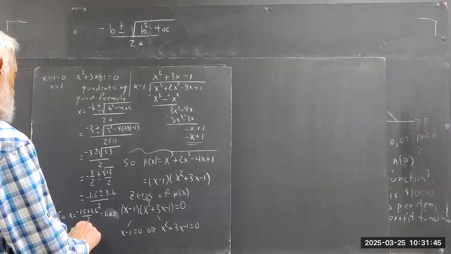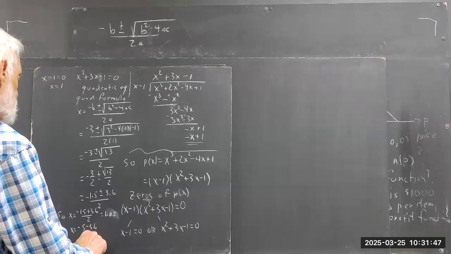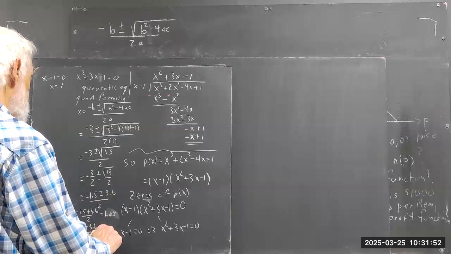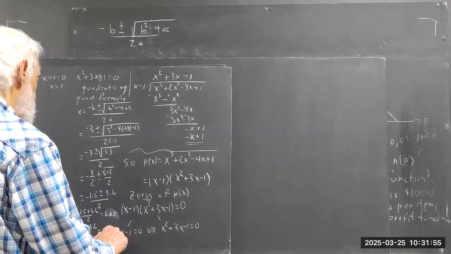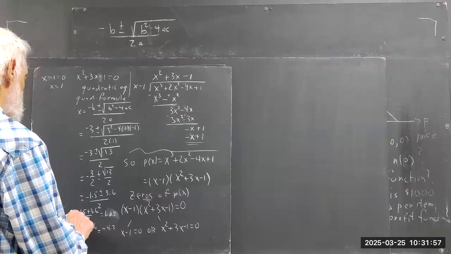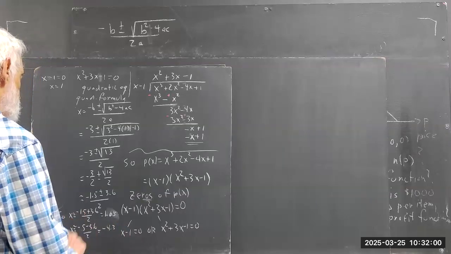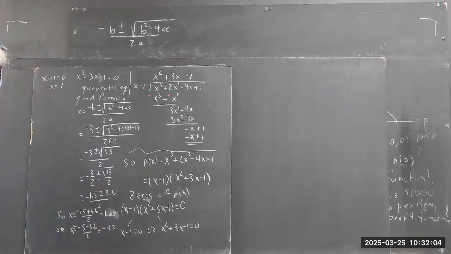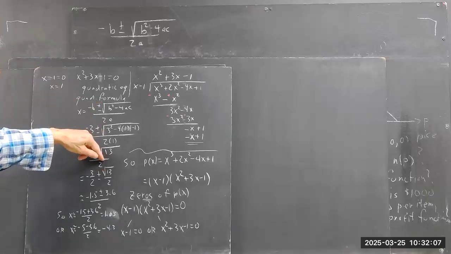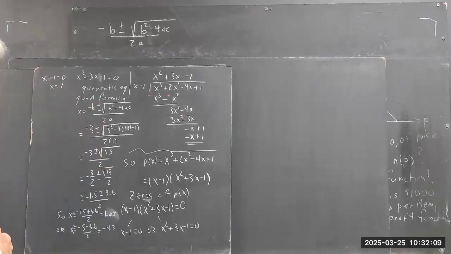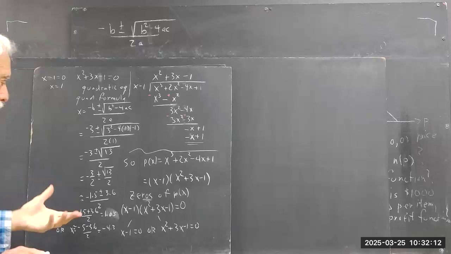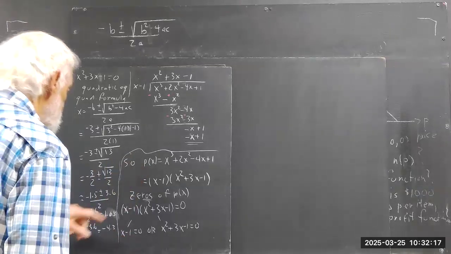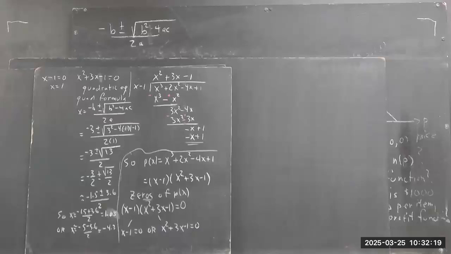For x equals negative 1.5 minus 3.6 over 2, which is negative 5.1 over 2, about negative 2.5. Now, these are approximations. Is that 3.6 exact? The square root of 13 is between 3.6 and 3.7. I can't tell you off the top of my head exactly what, and I could figure it out a little more closely, but your calculator will give you the results.